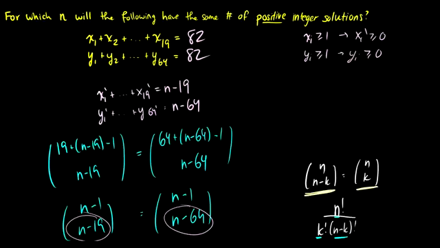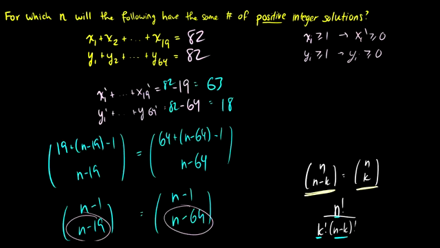So 82 minus 19 is equal to 63, and 82 minus 64 is equal to 18. If we take 19 plus 63 minus 1 choose 63, that would be equal to 64 plus 18 minus 1 choose 18. So we can use the formula again to check if they're true.